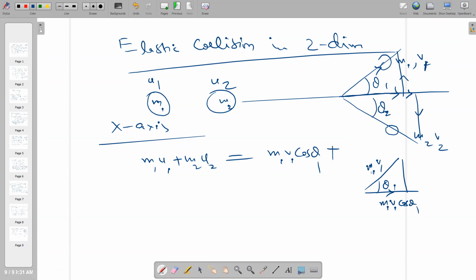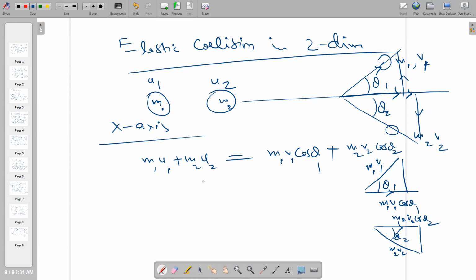Plus the same component for this one. If I take this triangle, this is θ2, this is m2 v2, then this will be m2 v2 cos of θ2. So I write here m2 v2 cos of θ2.